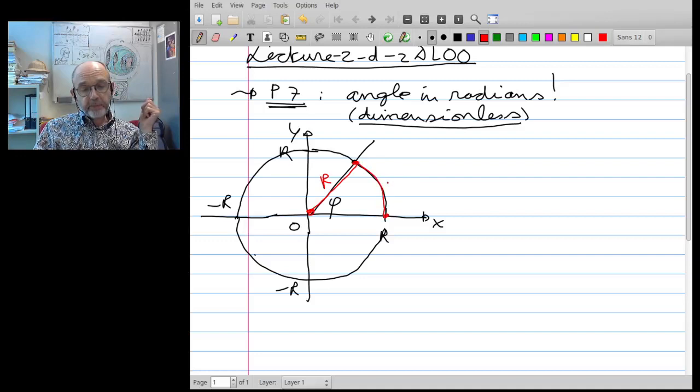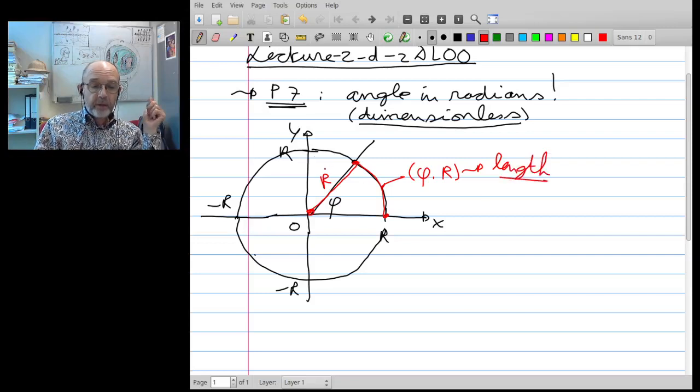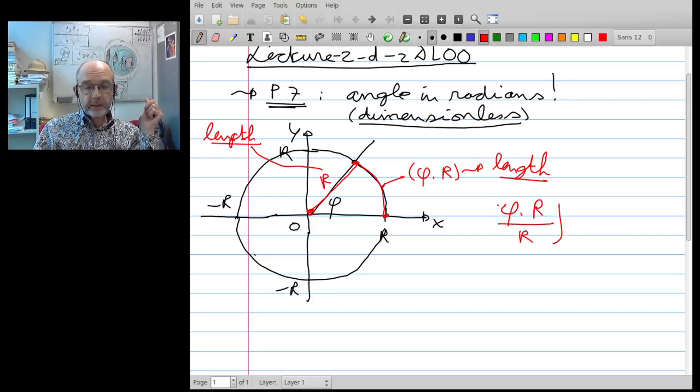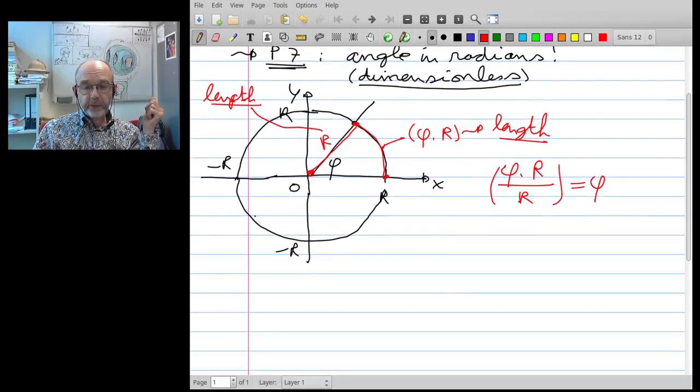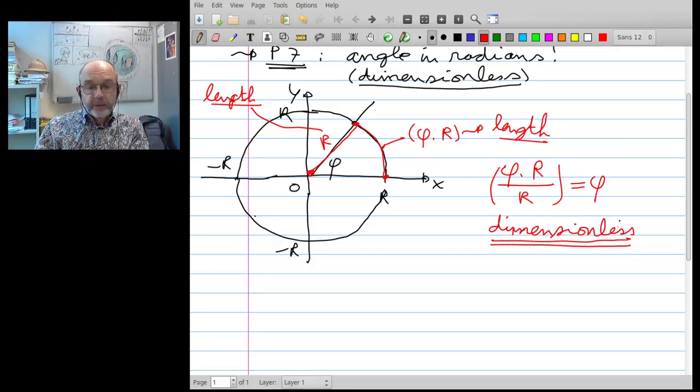The path along the circle, that is the angle times the radius, or I can better write down the angle in radians, and so you see if you divide those, this is length, the r is length, and so if you divide that phi r by r, you get phi out of it, and so you have dimensionless. And that you cannot do with angles.